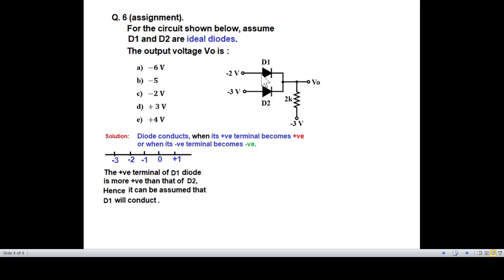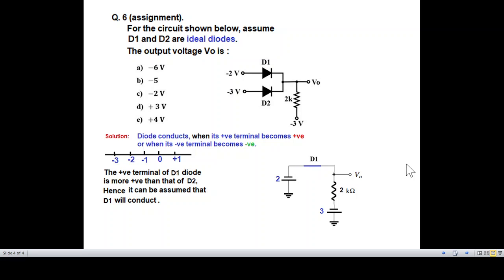So -2 is closer to positive, therefore we can say that D1 will conduct. And here also we'll draw the equivalent circuit with the battery 2, this being ideal diode, we'll just short circuit or show it by a straight line, and then V out, and this we just copy.